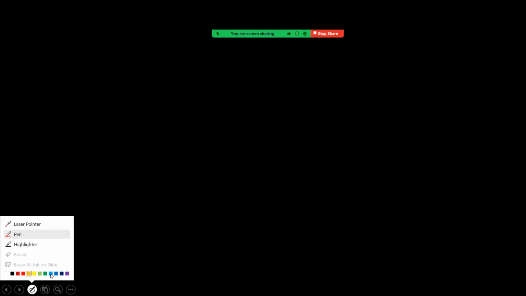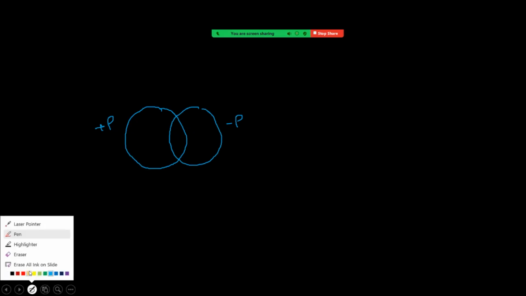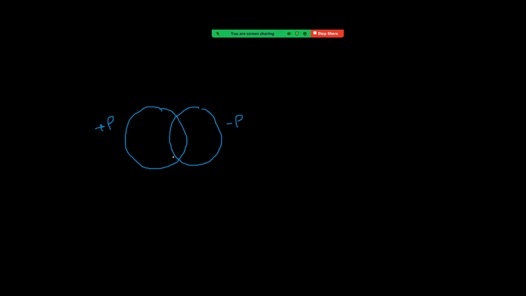It is again the same problem. It is sphere 1 and sphere 2, with density plus rho here and density minus rho here. The overlapped region is nothing but the cavity. So in this overlapped region, what is the field now? Again, the same problem.